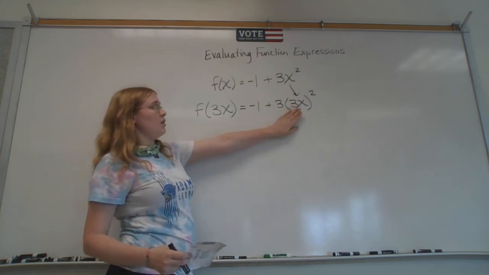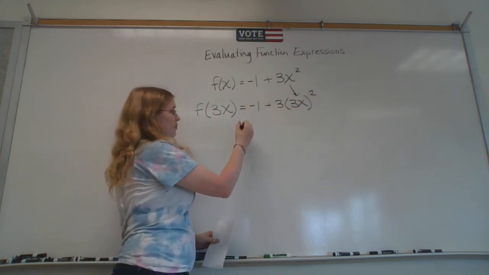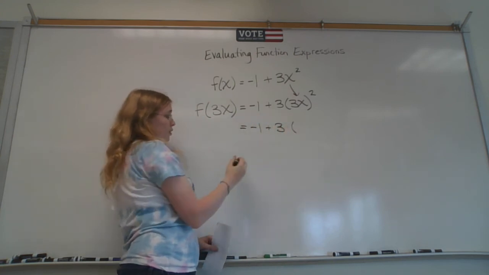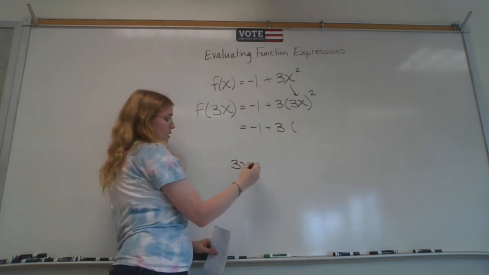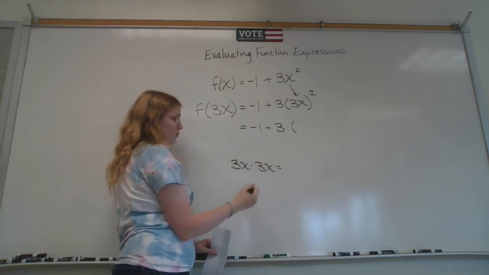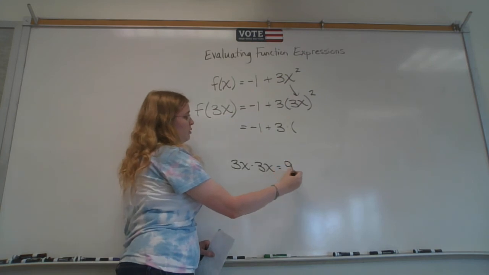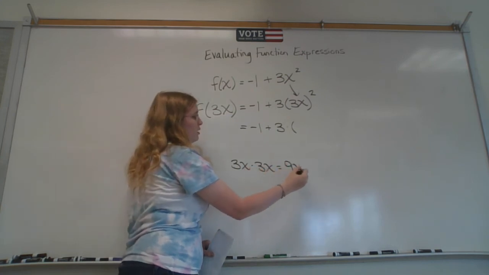So that means now we're talking 3x squared. 3x squared is 3x times 3x, right? 3 times 3 is 9. X times x is x squared.